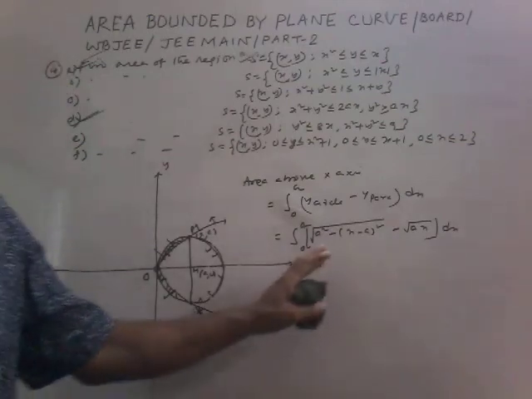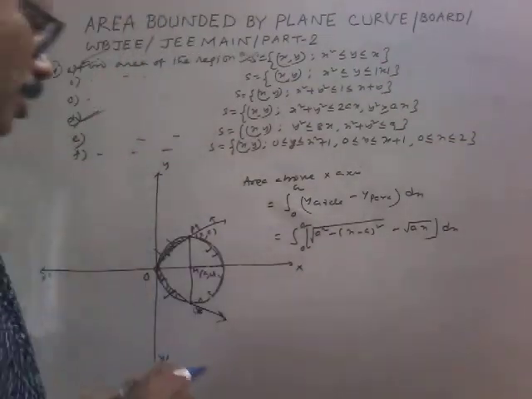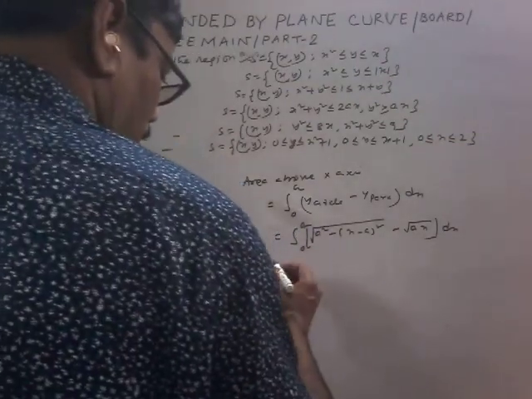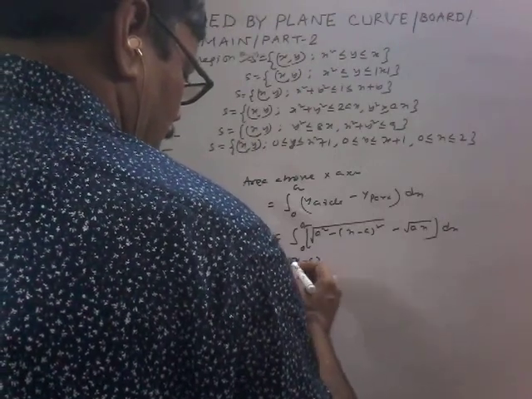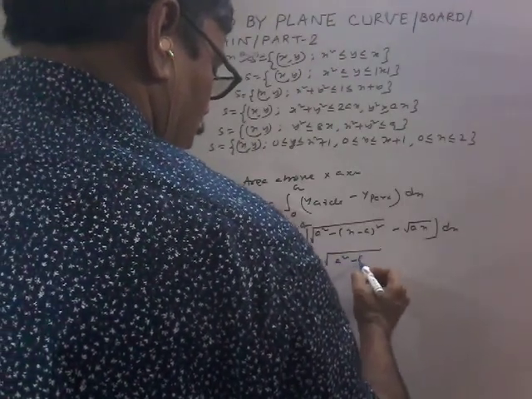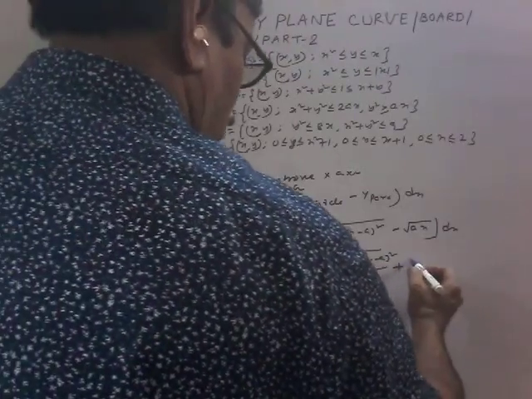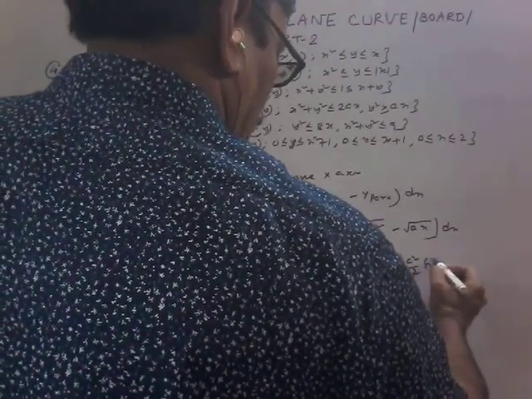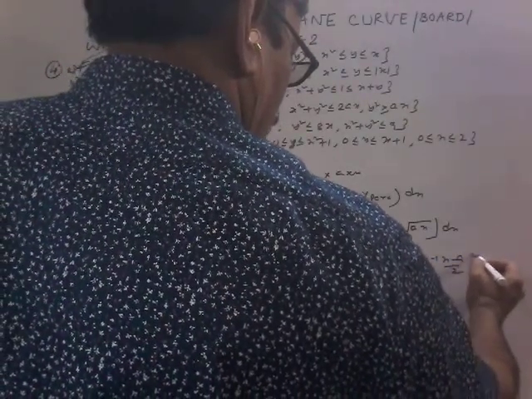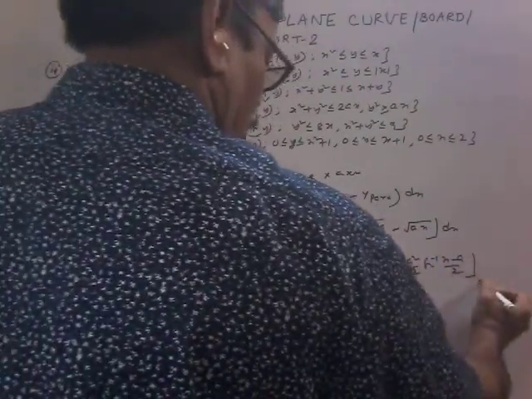So integrating, we get the result. What is our formula? (x minus a)/2 times root of a squared minus (x minus a) whole squared, plus a squared by 2 sine inverse of (x minus a) by a, from 0 to a.